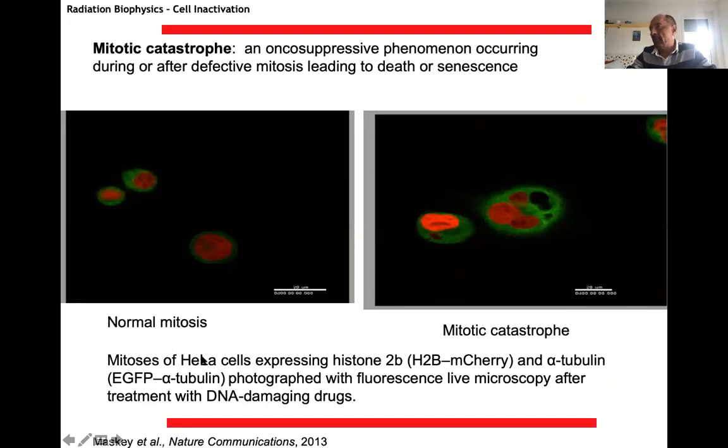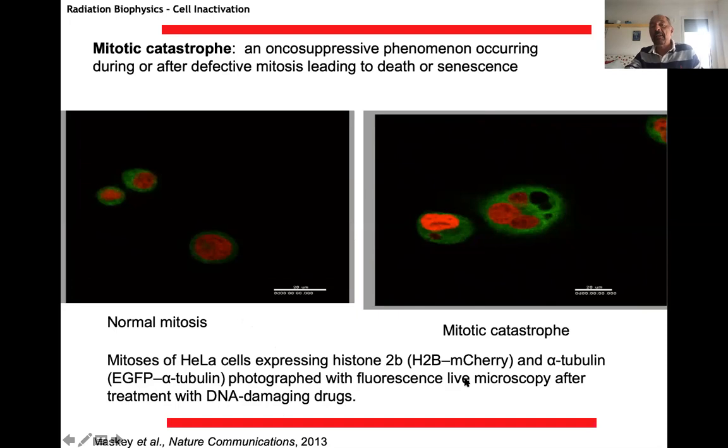HeLa cells are very well known tumor cells that come from a lady who died of cancer many years ago. These are fluorescent images expressing histone 2B in cherry, so in red, and alpha tubulin in green, because this is EGFP, the enhanced green fluorescent protein.